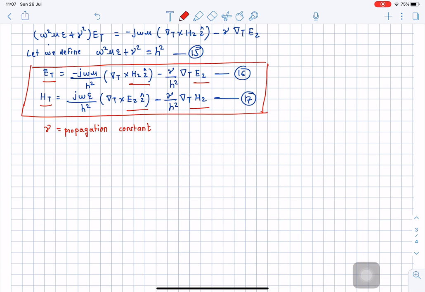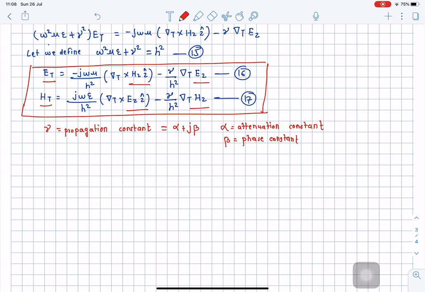It is expressed in two terms, a real term and an imaginary term, alpha plus j beta. What is alpha? Alpha is called the attenuation constant. And beta is called the phase constant, that we know.